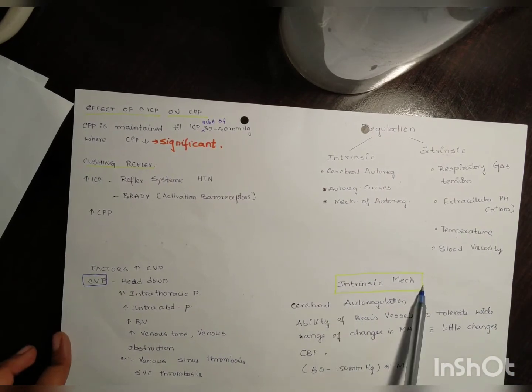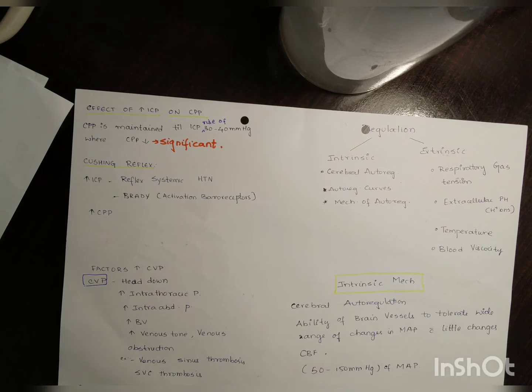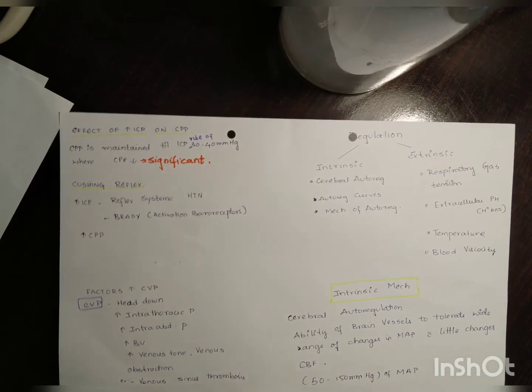So, intrinsic mechanism here, the cerebral autoregulation is nothing but the ability of the brain vessels to tolerate wide fluctuations in the MAP with little changes in the blood flow. But this occurs and can be maintained only from 50 to 150 mmHg.